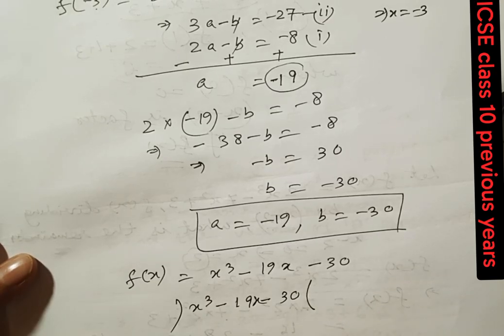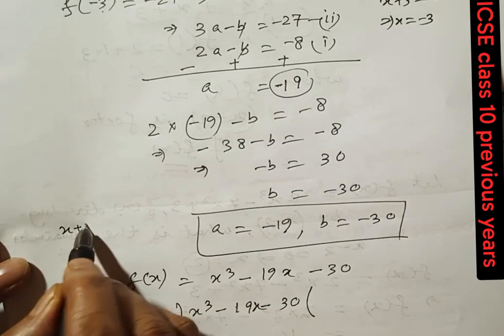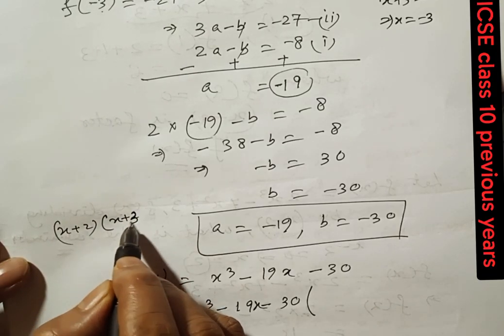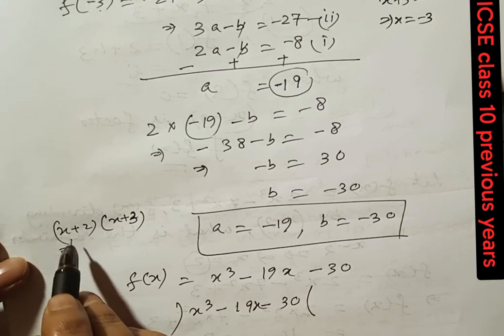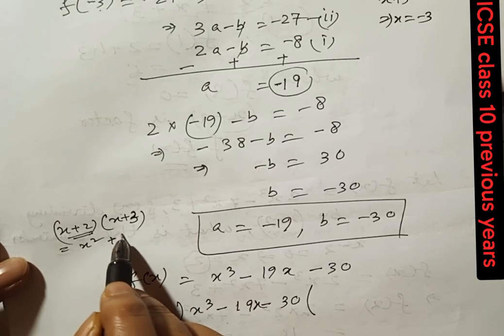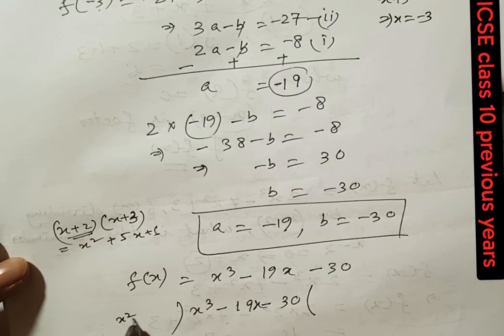In the algebraic division method, since x plus 2 and x plus 3 are both factors of f(x), we divide it by x square plus 5x plus 6.